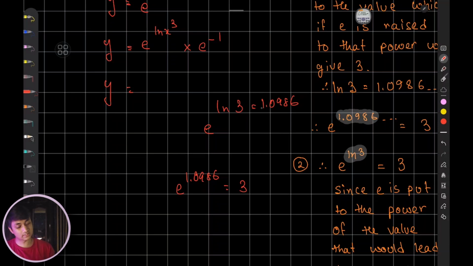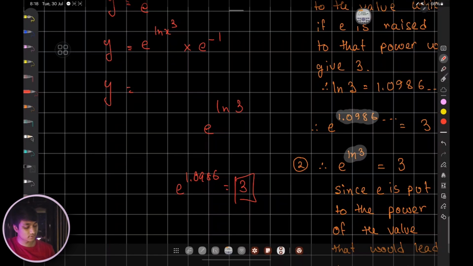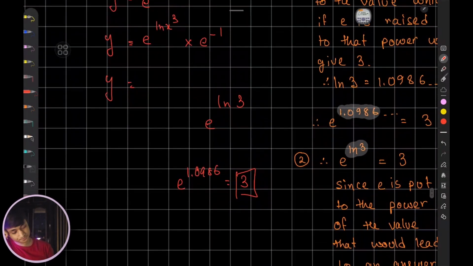Agreed? Great. If you find it in your calculator, the value that you get is 1.0986. So if you have e to the power of 1.0986, what is the value you're going to get? You're going to get the same value again, that is 3. You can try it for yourself and see that ultimately the e and ln cancel off.